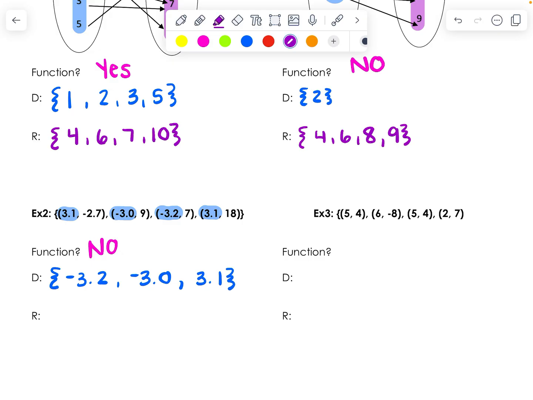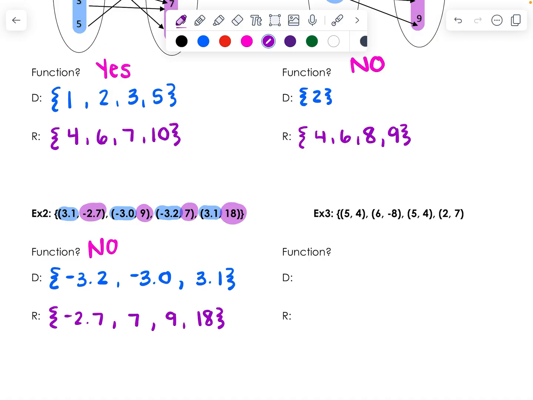And then we'll take a look at our outputs. And I'm again going to list these from smallest to largest. So it looks like my smallest number is -2.7, then 7, 9, and 18.